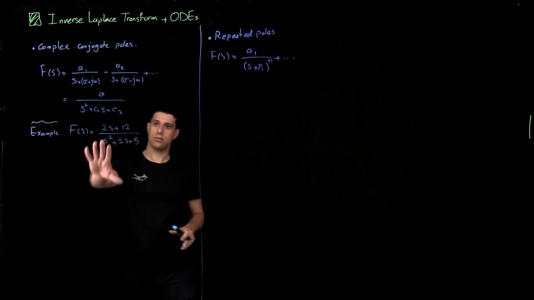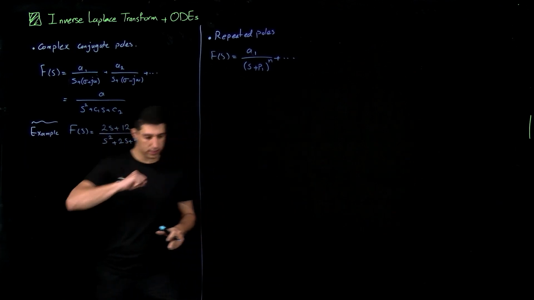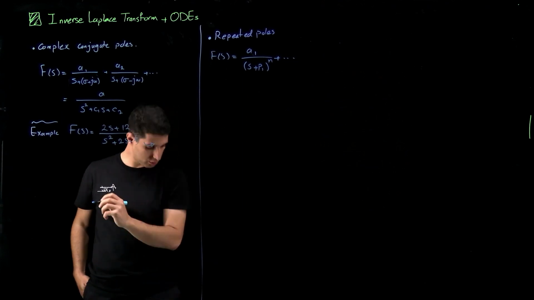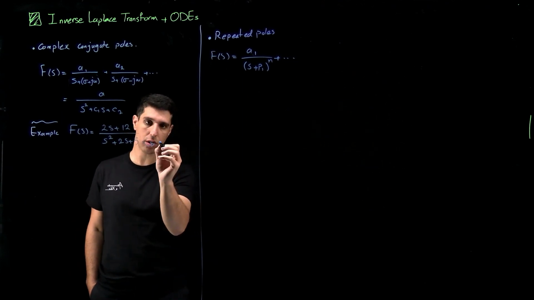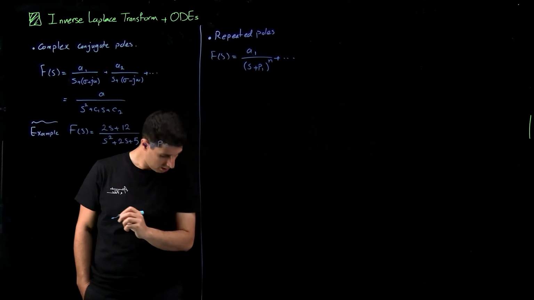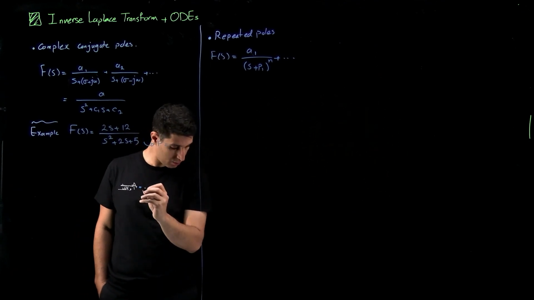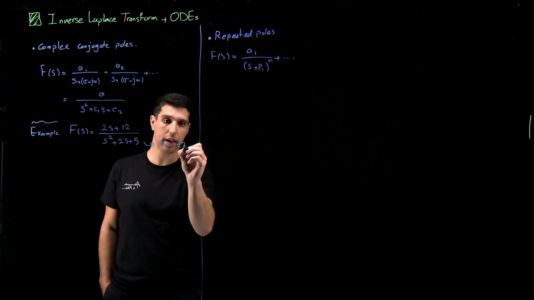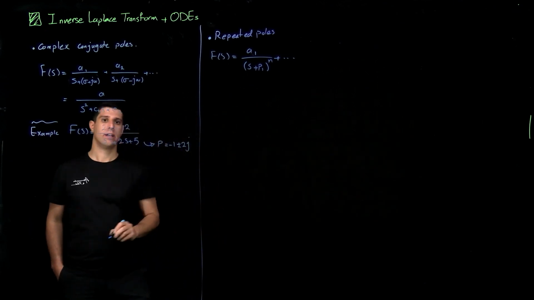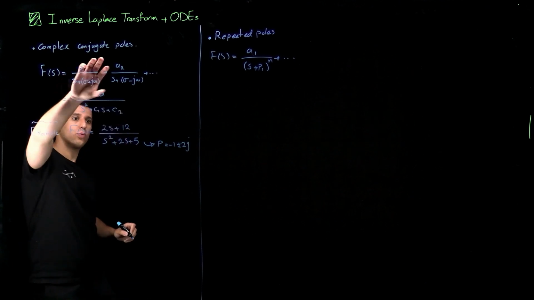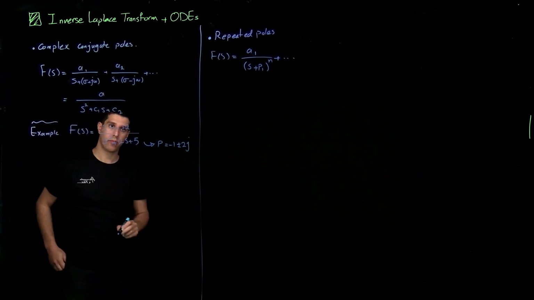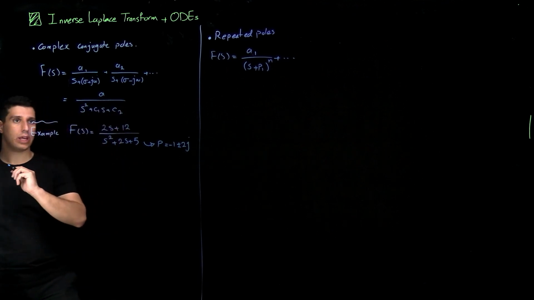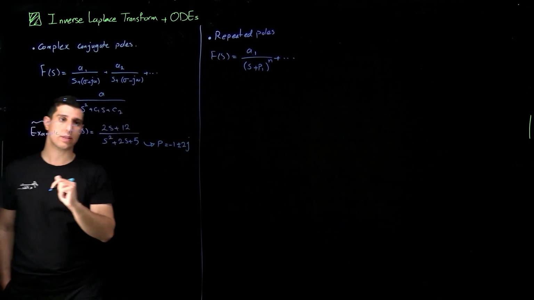The two complex conjugate poles of this function are s equals minus 1 plus or minus 2j. So this is one example where we do not want to break it into complex conjugate forms, but there is a nicer way to go about this.